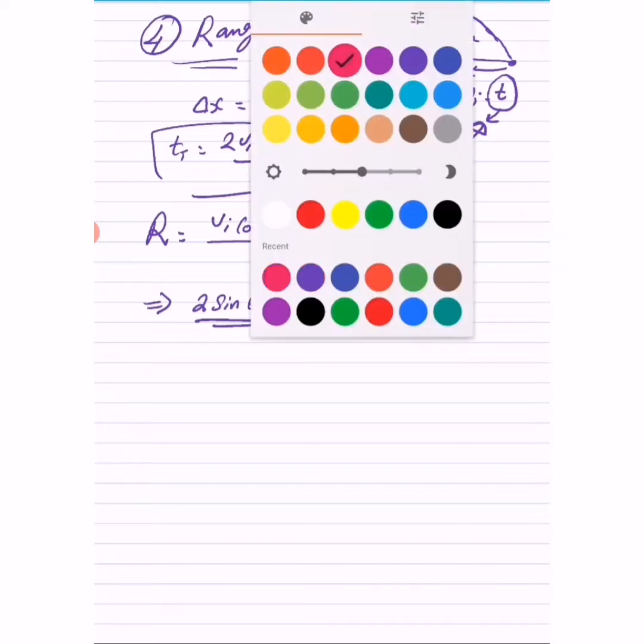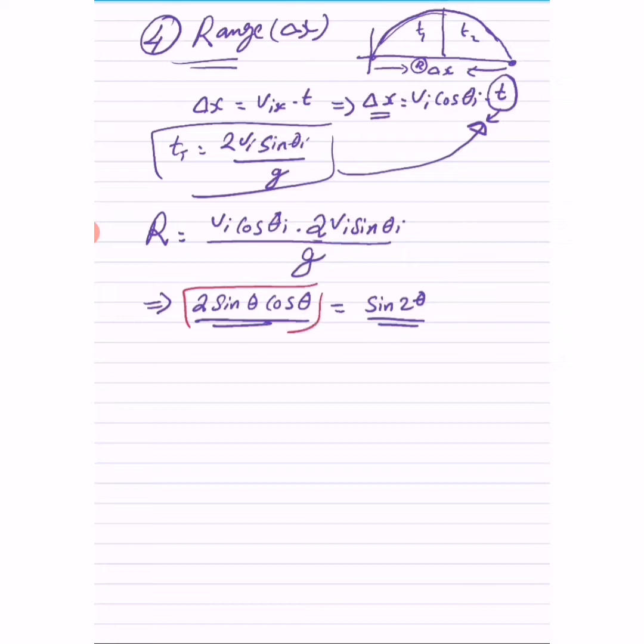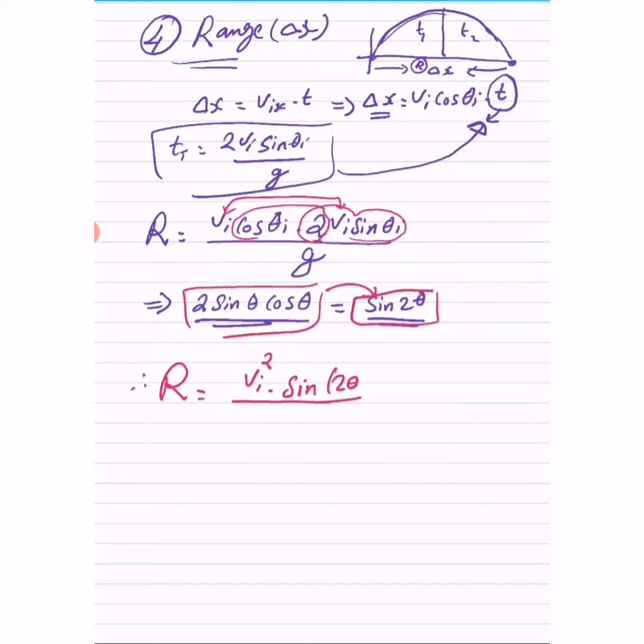So this part is equal to this equation. That means there is only v with v squared. So R, the range, is equal to v initial squared sine 2 theta, twice the angle from the mathematical identity, divided by g. So that is the equation of the range.